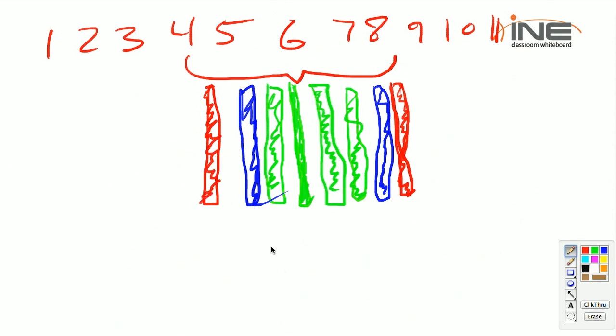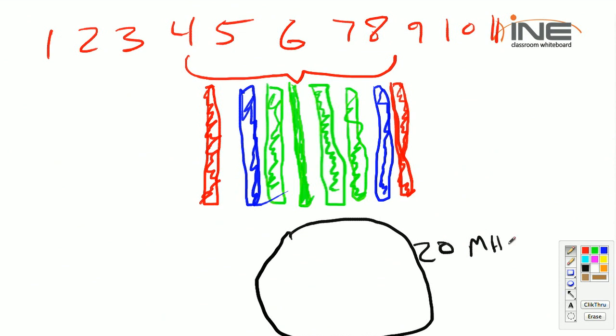In other words, let's just look at it from a side view. If this was my 20 megahertz wide channel, then I would have all of these sub-channels here in the middle, or sub-carriers, sending data in parallel, which means that I can get the data out the door quicker because I'm spending less time.